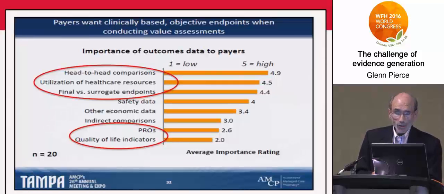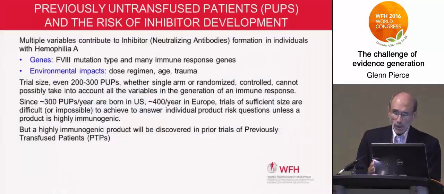But in the bleeding disorders community, we tend to look more on patient-reported outcomes and even quality of life indicators. So we need to determine how to raise their importance with payers by doing more standardized work in order to develop the rigor that is required when one looks at patient-reported outcomes.